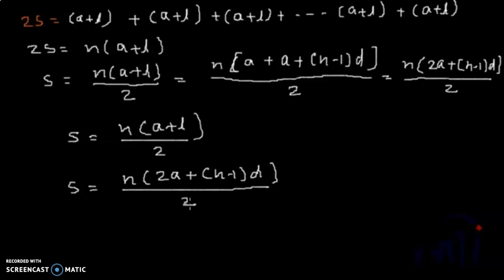That is the equation. If 3 terms were given, the sum of the first 3 terms will be 3 into, in place of n you will write 3, right? Wherever there is n, you will put 3. If I am asking you the sum of first 10 terms, n will be 10. Instead of n, we will write 10, right? And a is the first term and d is the common difference.